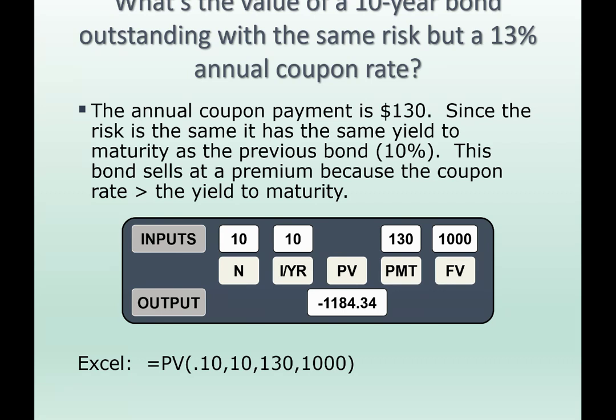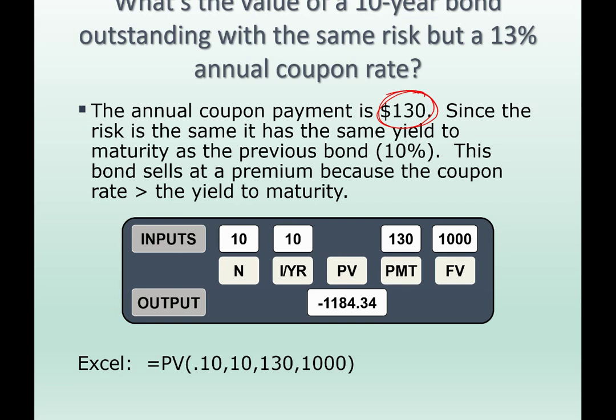So what if the coupon rate was different on this bond? If the coupon rate was 13% instead of 10%, then the only thing that we're changing is the payment. Because again, remember, we use the coupon rate to determine the payment. So if the coupon rate is 13% and not 10, then of course it changes our payment. The payment then becomes 130, and therefore the present value will be 1184.